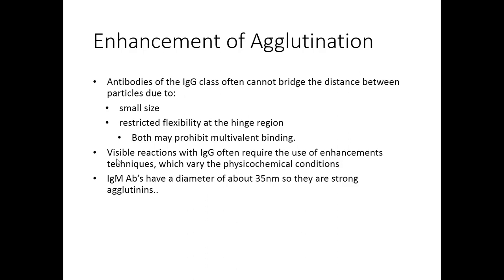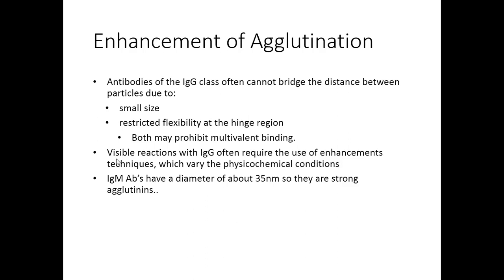Earlier we spoke about the fact that IgMs are really efficient in agglutination reactions, and in precipitation reactions, of course. But sometimes IgG antibodies need to be used, and that's the way the test kit is made. IgG needs extra enhancement sometimes to make the reactions work in the test method, and it has a lot to do with the fact that, unlike IgM, which is relatively big, IgG is a small molecule.